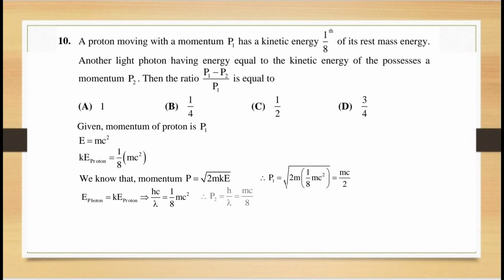Therefore momentum p2 equals h by lambda, which equals mc by 8. Therefore p1 minus p2 by p1 equals mc by 2 minus mc by 8 whole divided by mc by 2, which equals 3 by 8 by 1 by 2, which equals 3 by 4. So option D is correct.